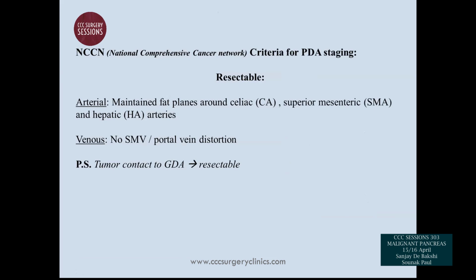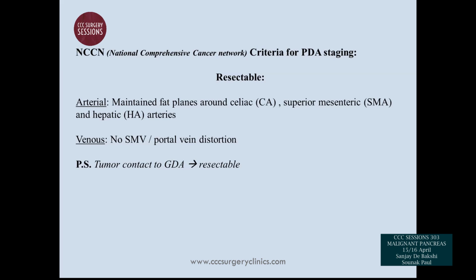Coming to the much debated topic of resectability, unresectability, and borderline resectability: the basis of a resectable tumor is that it does not have any relation to the major vessels that supply the liver or the bowel, such as the celiac artery, the hepatic arteries, and the superior mesenteric artery.